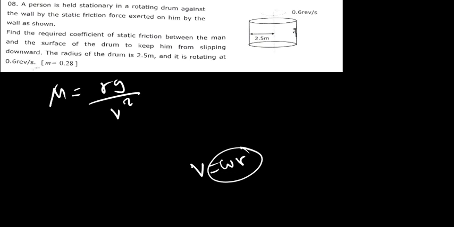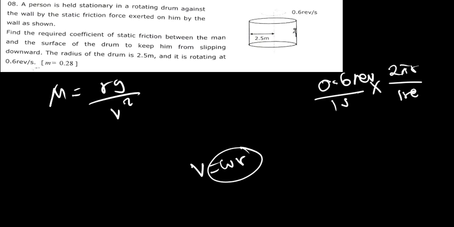So 0.6 revolution per 1 second times, I know that in one revolution there are 2 pi rad, so the units cancel. 0.6 times 2 pi is 3.7, or we can say 3.8 rad per second.